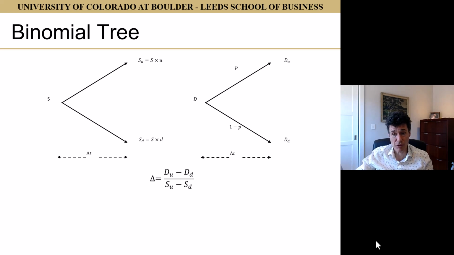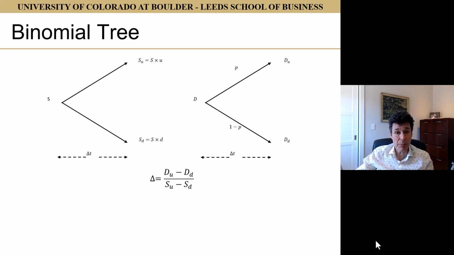We have these risk neutral probabilities to find the price of the option today. But the real key in the binomial tree pricing is this delta. And when we created a portfolio which was long the option, short delta shares, what we found was that there was no risk. We didn't care whether the stock went up or down.